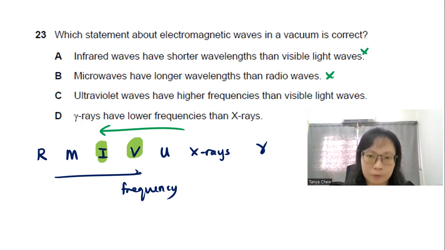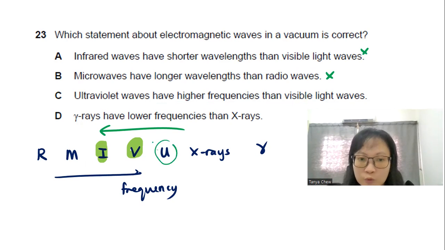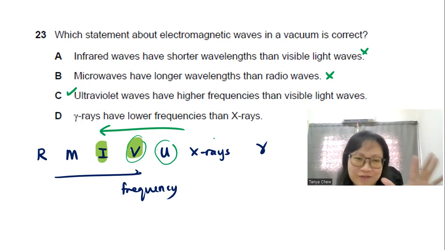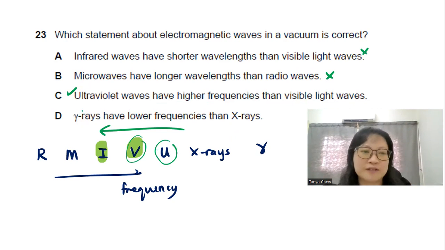No, radio waves have the longest wavelength. C, ultraviolet waves have higher frequencies than visible light wave. Ultraviolet has higher frequency than visible light. This is true. D, gamma rays have lower frequency. No, gamma rays have the highest frequency. Therefore, the answer is C.